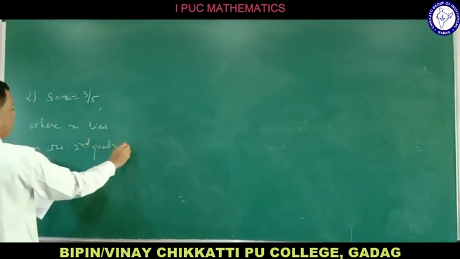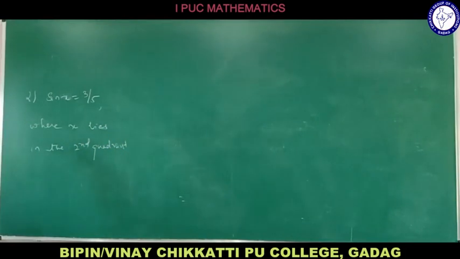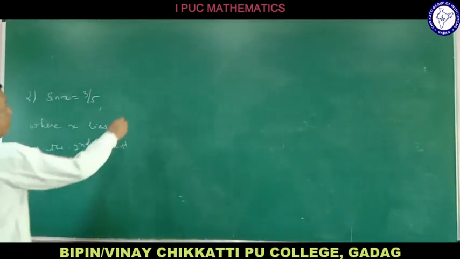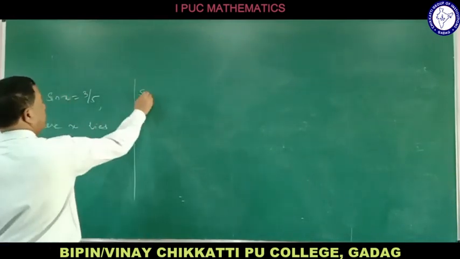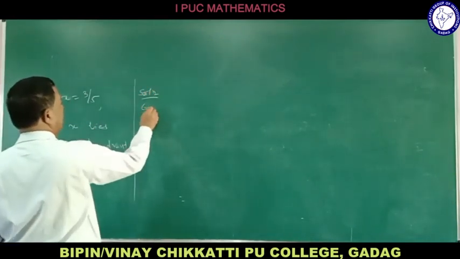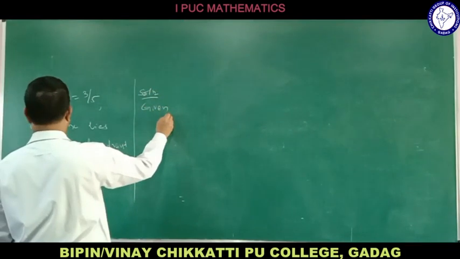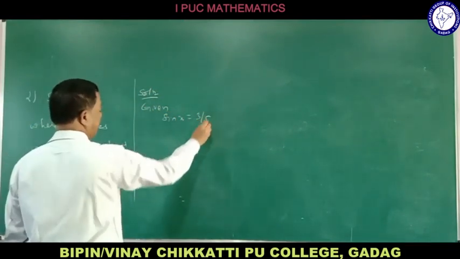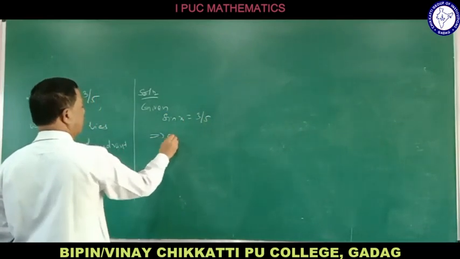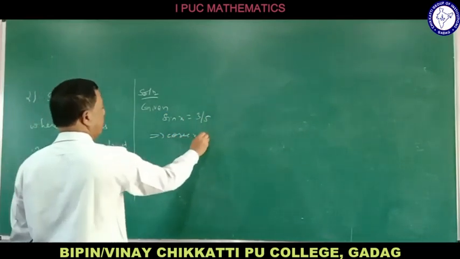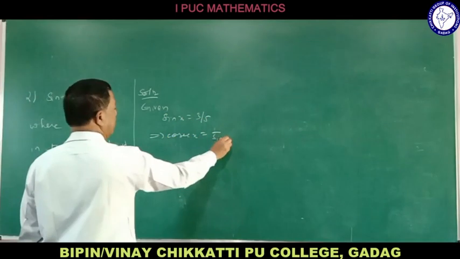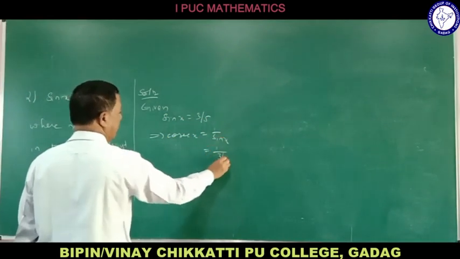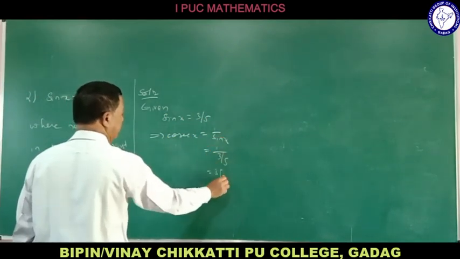Try to understand how to do it, sin x is equal to 3 by 5. All 5 you have to find out. So look here, given sin x is equal to 3 by 5, and this implies cosec x is equal to 1 upon sin x, that is 1 upon 3 upon 5, that is equal to 5 upon 3.